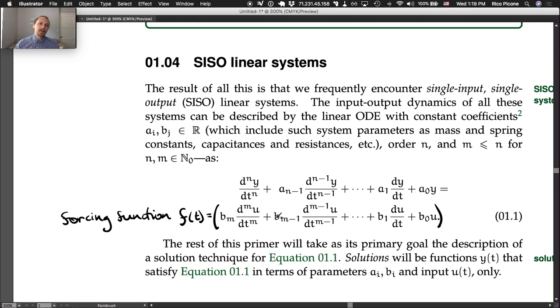We've defined SISO systems. We've defined the equation that we are going to solve. We're going to be referring back to equation 1-1 for the whole rest of this primer. So this is the equation we're going to be solving. We're doing nth order. We're not going to do first order, second order, etc. We're going to do nth order. Not to say it's not important to go through first and second order.